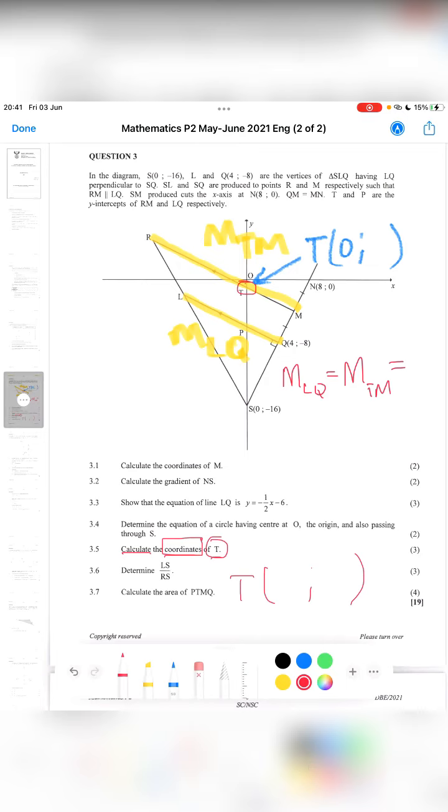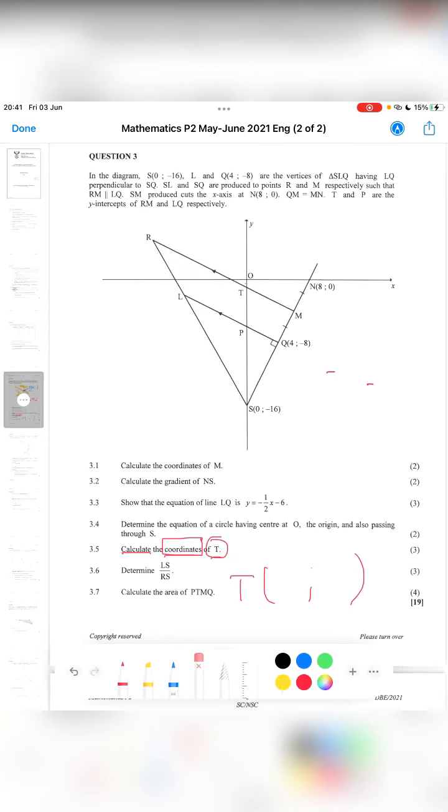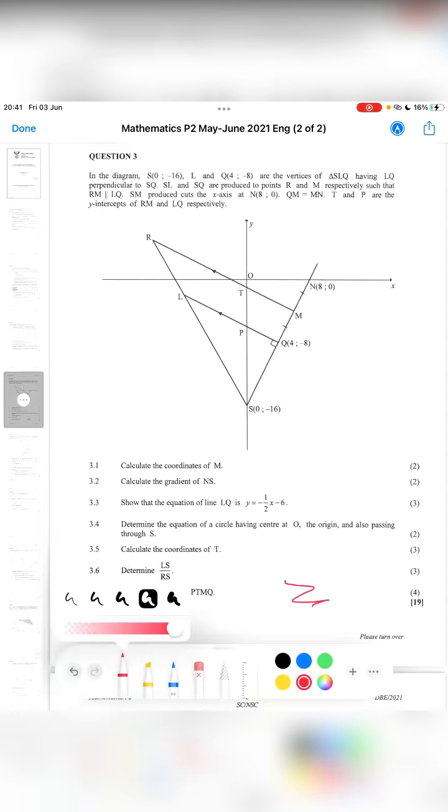Okay, so let me remove all of that. Oh, I think I've got a better way of explaining this, guys. Let me just try something there.